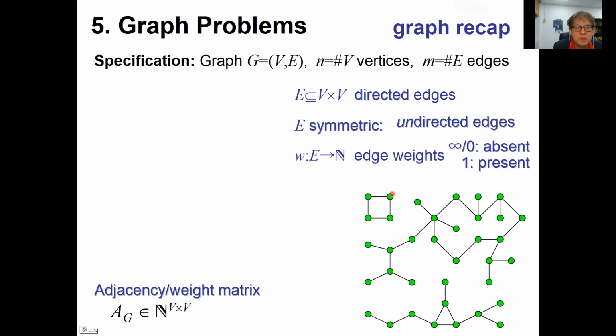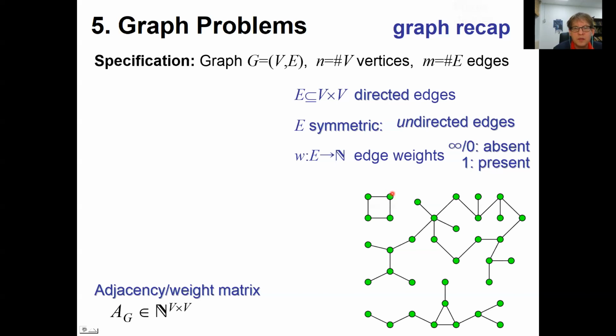Here's a way of encoding a graph with weighted edges, namely as an adjacency matrix with possibly non-zero weights. So an adjacency matrix has entries 0 and 1.